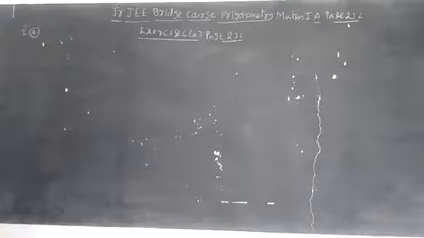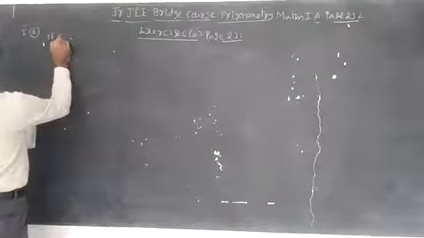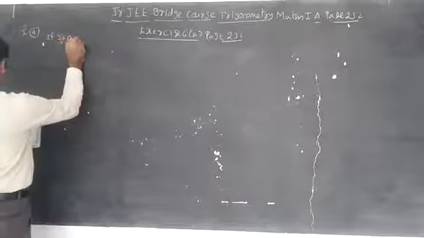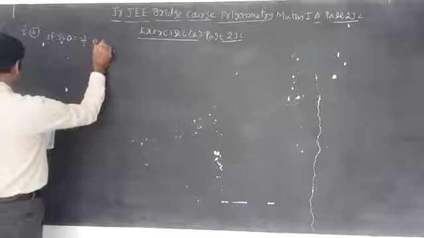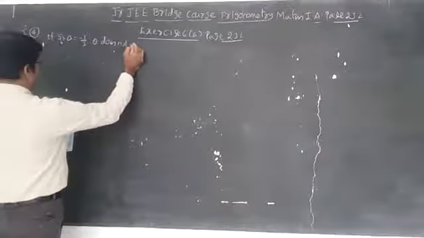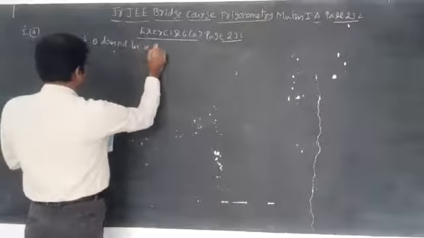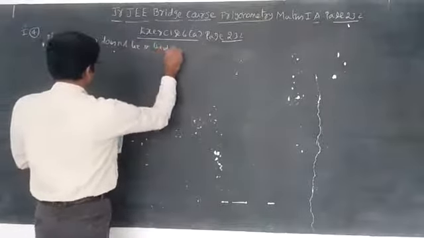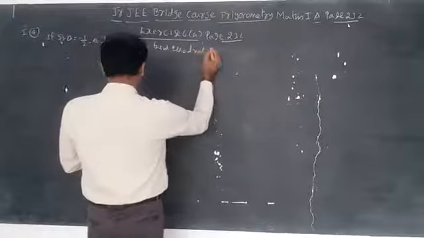If sin theta is equal to minus 1 by 3, theta does not lie in the third quadrant.